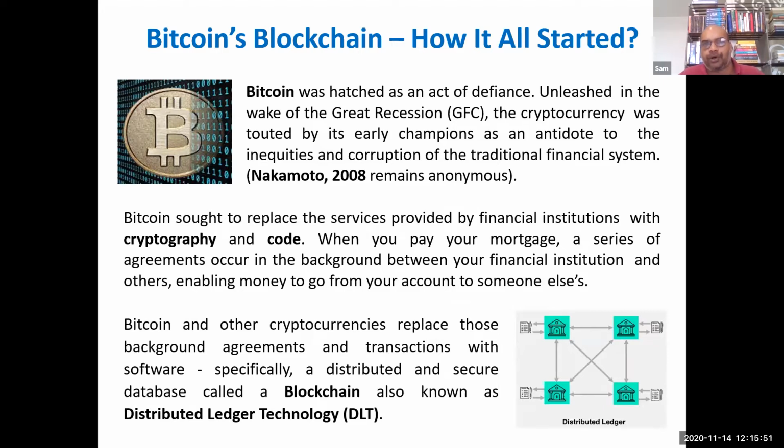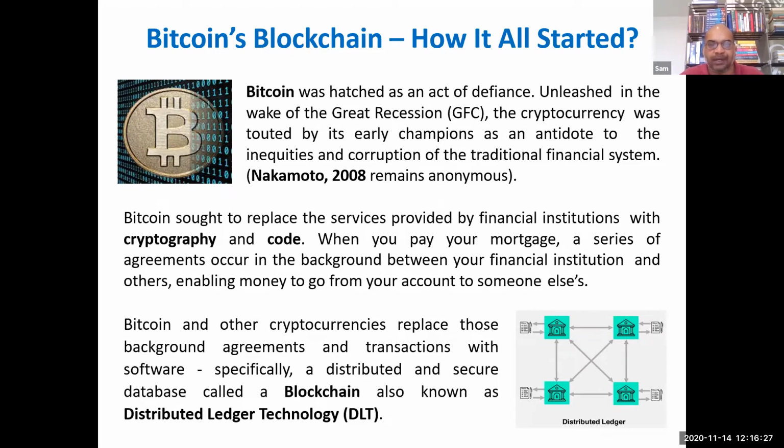Okay, so blockchains have been known as distributed ledger technology, and what it has essentially done is it has replaced traditional databases. Now, traditional databases were under the control of someone, some institution. It was centralized, and the records there could be changed, and it was open to fraudulent activities.